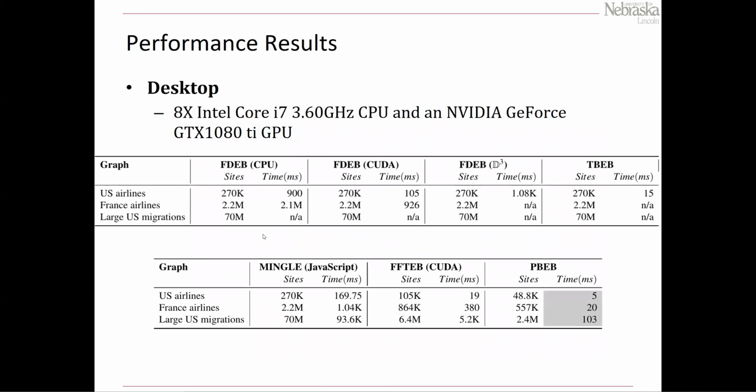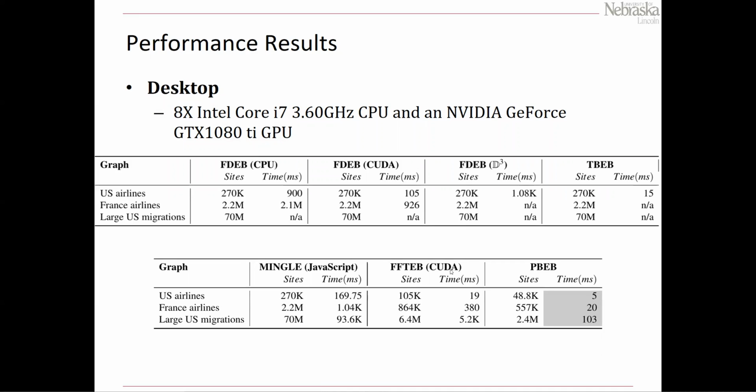We compare with existing algorithms, including force-directed edge bundling on the CPU, using CUDA, as well as a JavaScript-based implementation. We also compared with web-based implementations like Mingo, which is a JavaScript version of edge bundling, and fast Fourier transform edge bundling, which is implemented using CUDA.